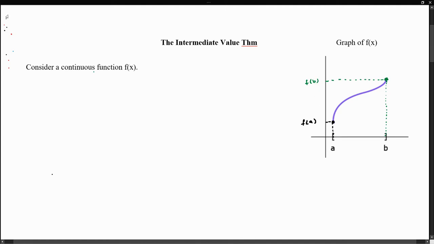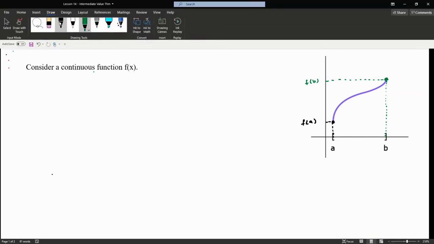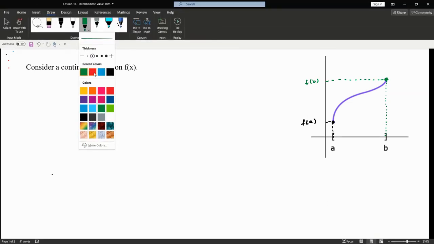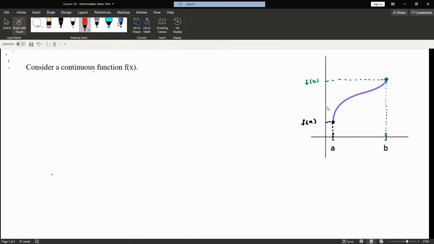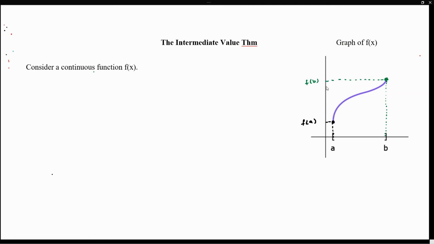Now, what exactly does the intermediate value theorem say? Here we have a function defined between a and b, and we also have the y values f of a and f of b. The intermediate value theorem says that I can choose any y value between f of a and f of b. I'm just going to choose it right here.